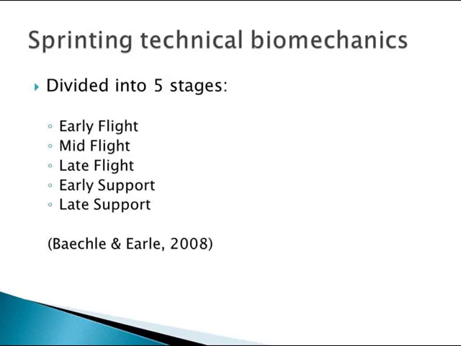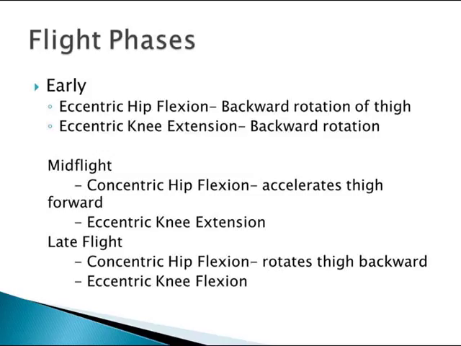Overall, sprinting technique is divided into 5 stages: the early flight, mid-flight, late flight, early support, and late support in the overall sprint performance. Early flight includes the eccentric hip flexion and eccentric knee extension, whereas mid-flight deals with more concentric hip flexion, and the late phase deals with concentric hip flexion and eccentric knee flexion that actually rotates the thigh backwards.